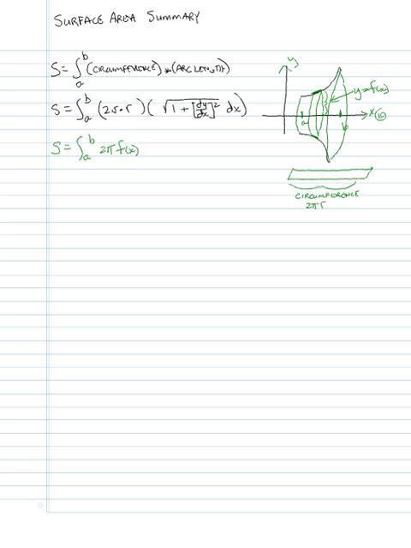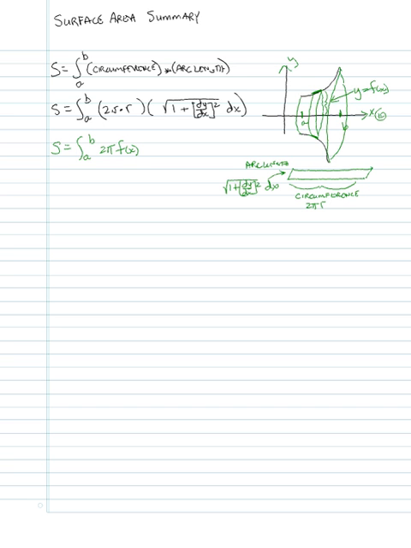And then we decided, of course, that this length, this distance right here, that's the arc length. And we've worked several times in the previous section to calculate that arc length. We use this formula, square root of 1 plus the derivative of y with respect to x squared, dx.